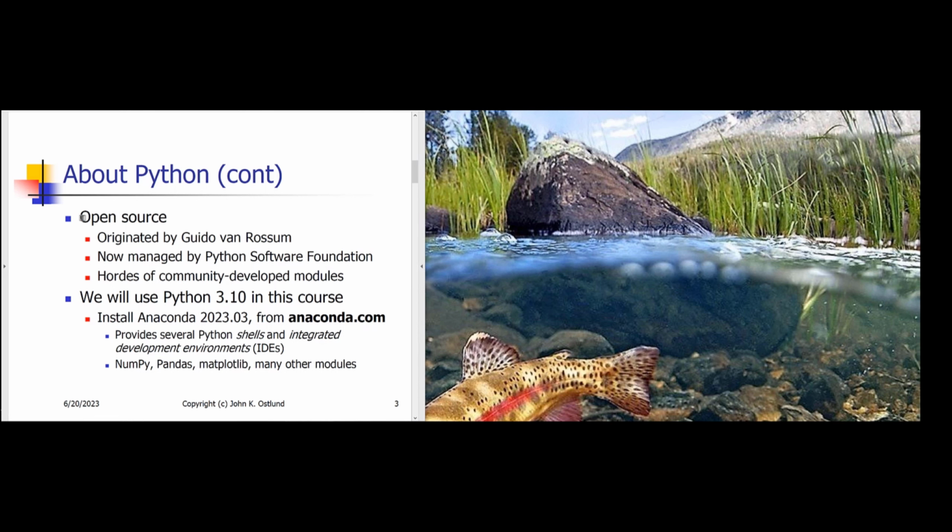Python is an open source project, meaning it's free to use for personal use or academic use or what have you. It was originated by Guido van Rossum, who was the driving force behind Python for many years. Nowadays, an organization, loosely knit in the way of open source projects, called the Python Software Foundation controls Python, and they have new releases on a periodic basis.